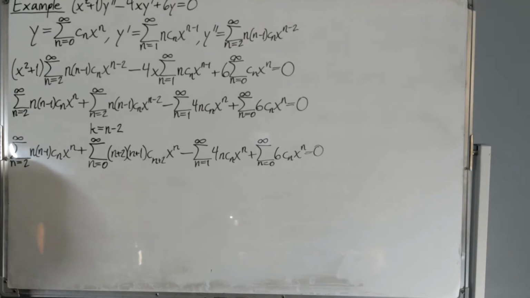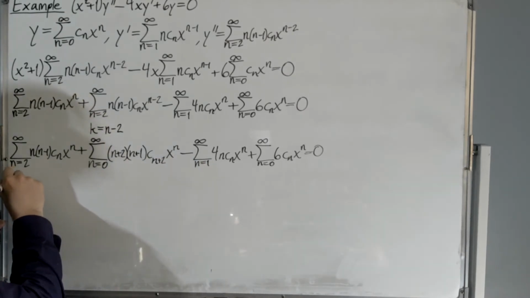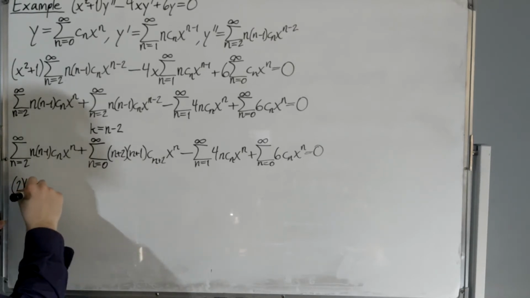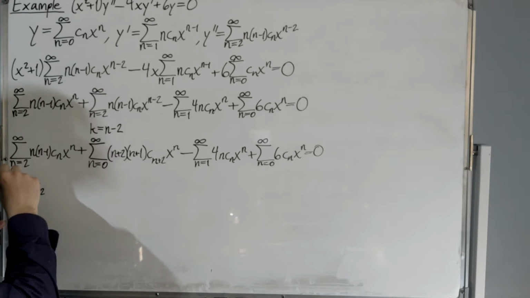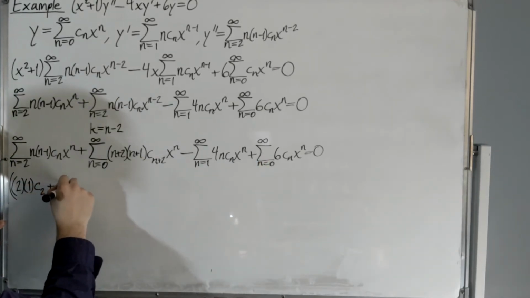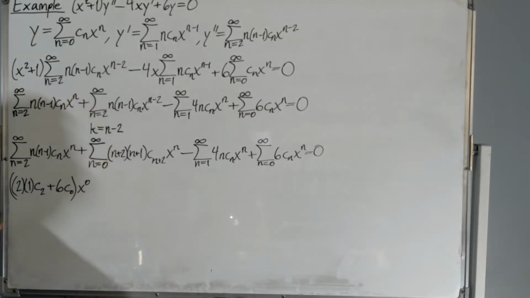So we just take this and say, all right, n equals 0. That gives us 2 times 1 times c_2 x to the 0. Then add to this 6 times c_0 x to the 0. All right.